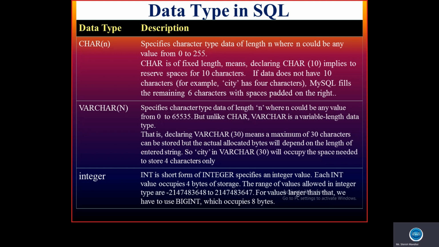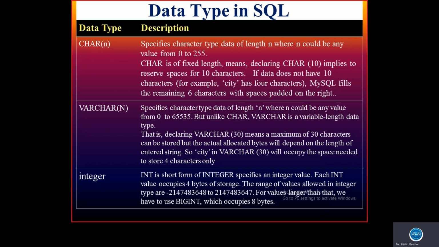In VARCHAR(n), n specifies character type data of length n, where n could be any value from 0 to 65,535. But unlike character, varchar is variable length. Variable length means it occupies memory according to the given value. Like VARCHAR(30) means a maximum of 30 characters can be stored.